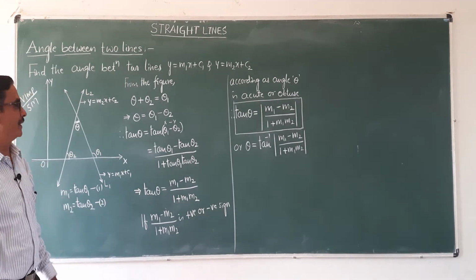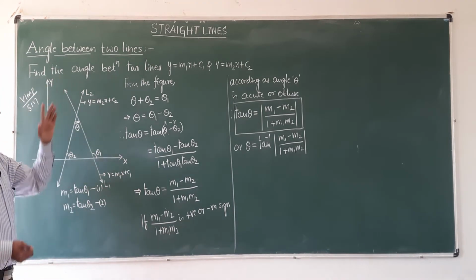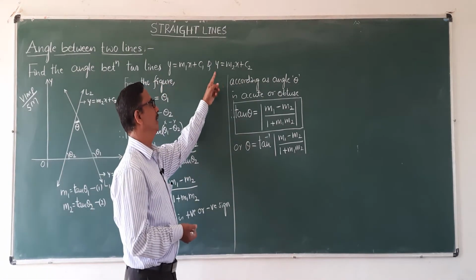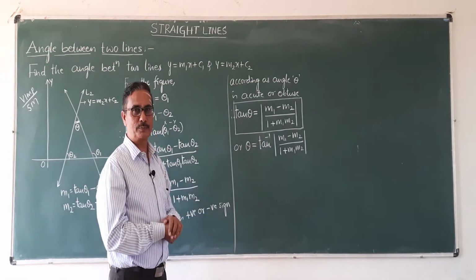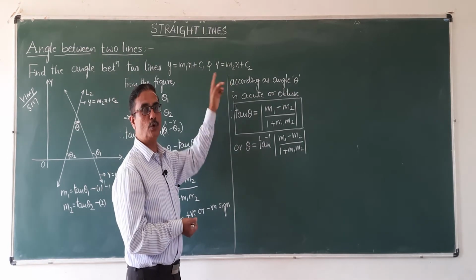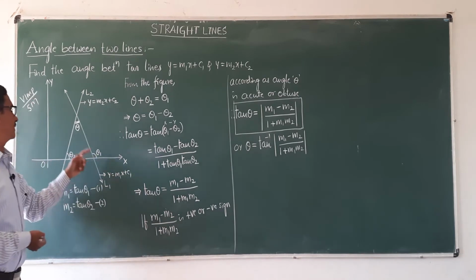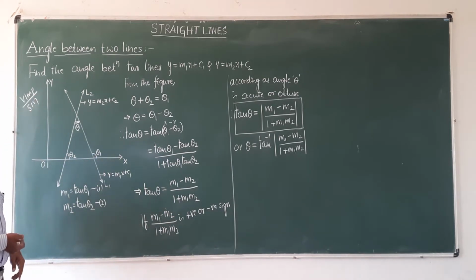Okay, I will repeat once again. Find the angle between two lines y is equal to m1x plus c1 and y is equal to m2x plus c2, where m1, m2 are slopes, c1, c2 are constants. Let x and y axis, O is the origin.